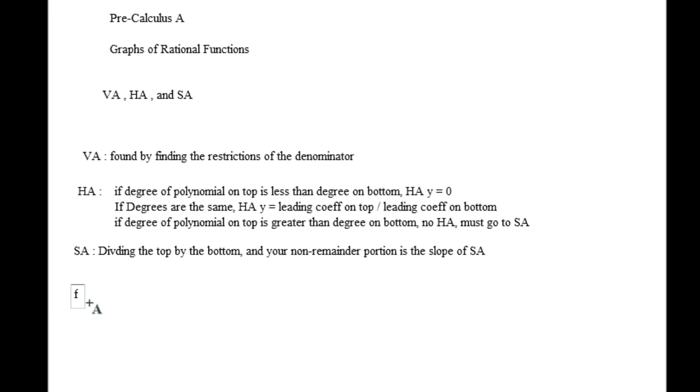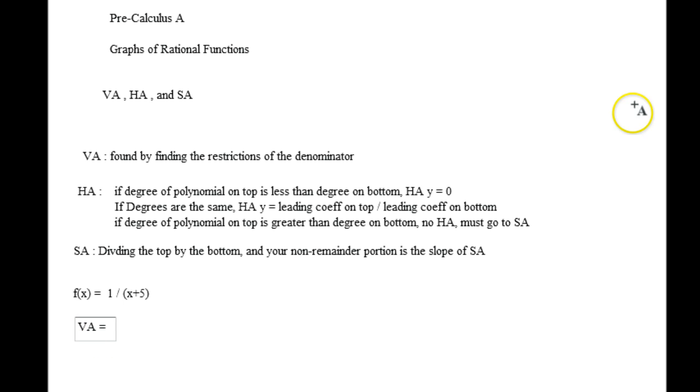So let's say f of x is equal to 1 divided by x plus 5. I'm going to write these out in longhand form just because it's too hard to construct by drawing. The first one I like to do is the vertical asymptote.